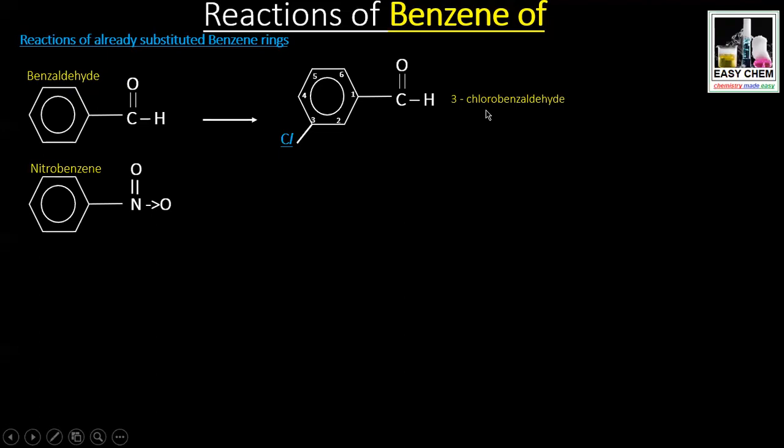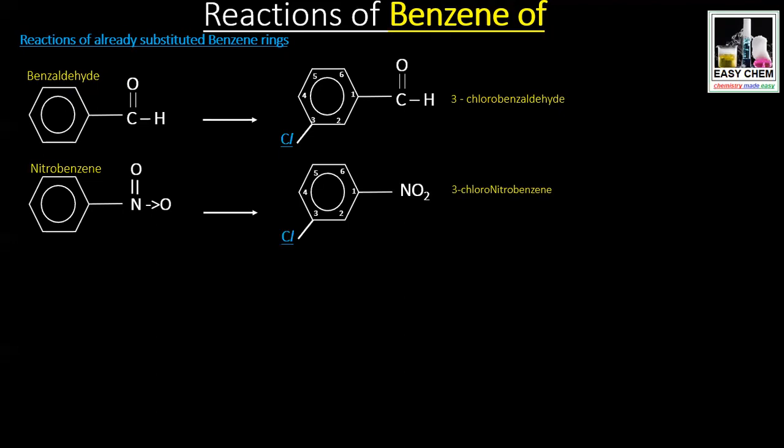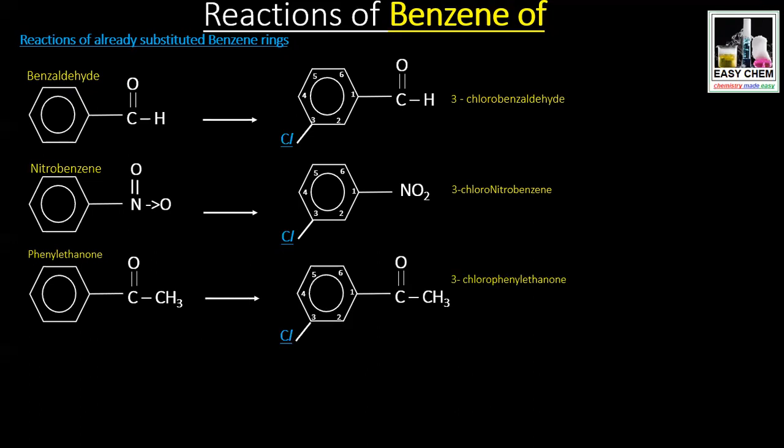We can talk about a similar thing, nitrobenzene. Nitrobenzene also is able to react with a chlorinating substance, and that also produces 3-chloronitrobenzene. Do we have another example? Yes, we have phenylethanone. Phenylethanone is also going to react in the same manner, giving 3-chlorophenylethanone.